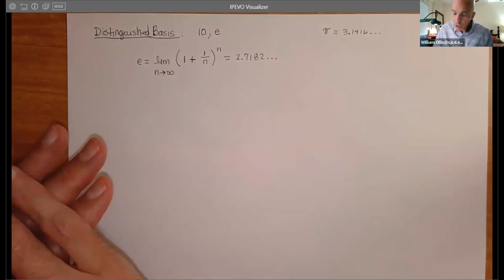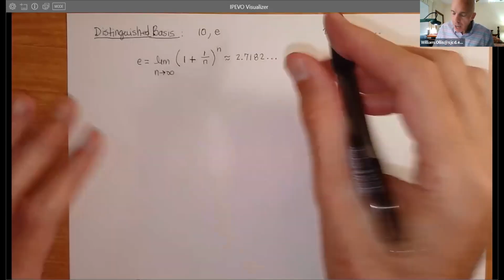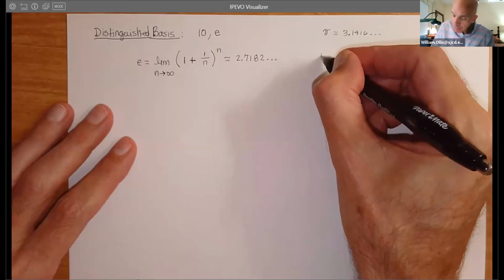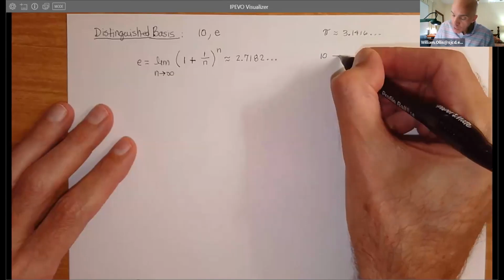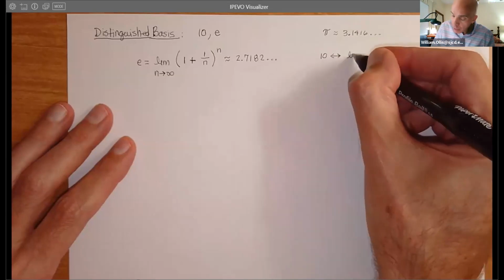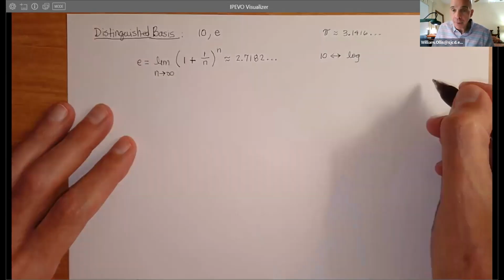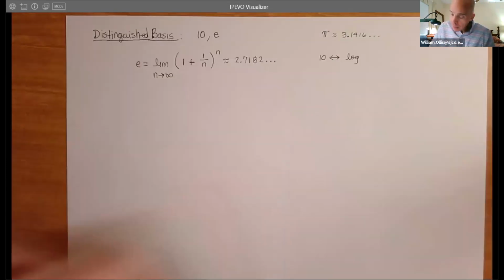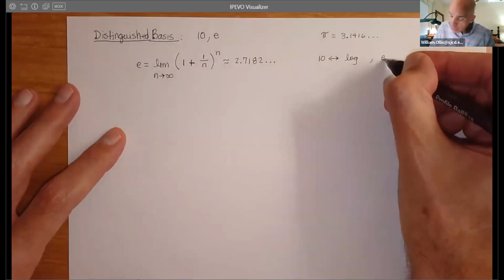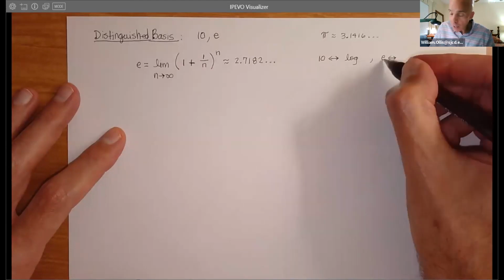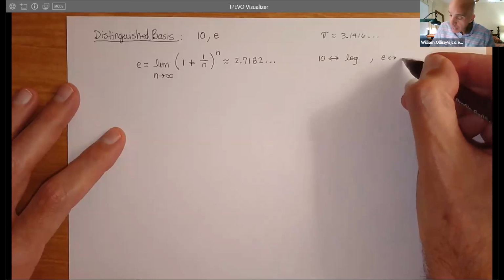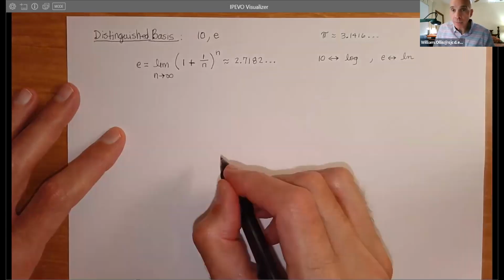So what I wanted to do, again, when we get to the logarithms, I want to remind you that when we have base 10, the corresponding symbol for the logarithm will be log instead of log subscript 10. And when we get to logarithms, which will be soon, the corresponding base e logarithm won't be written log base e, it'll just be written ln for natural log.